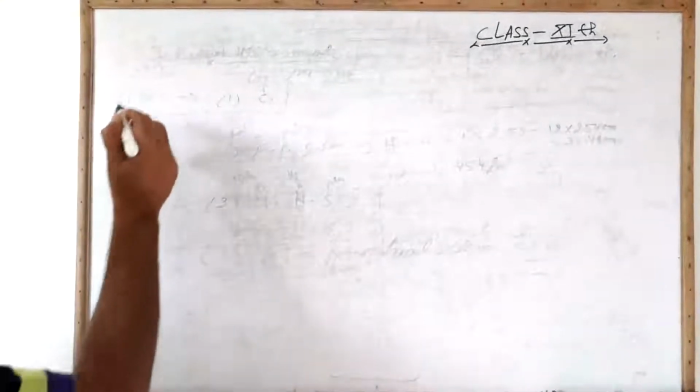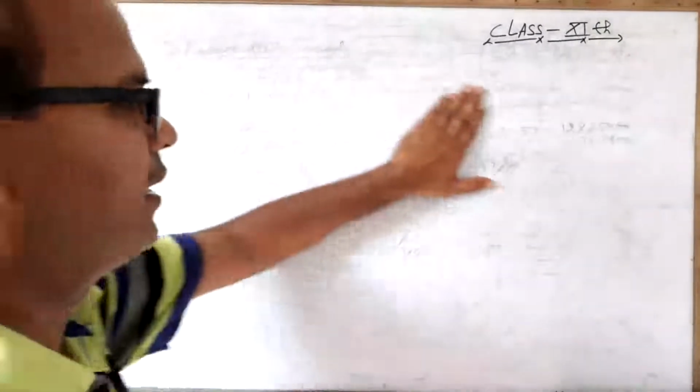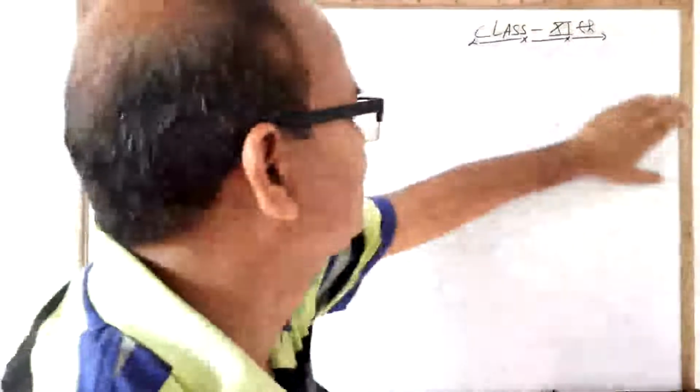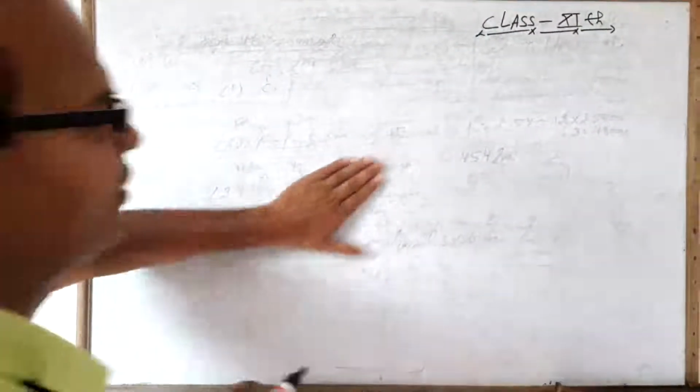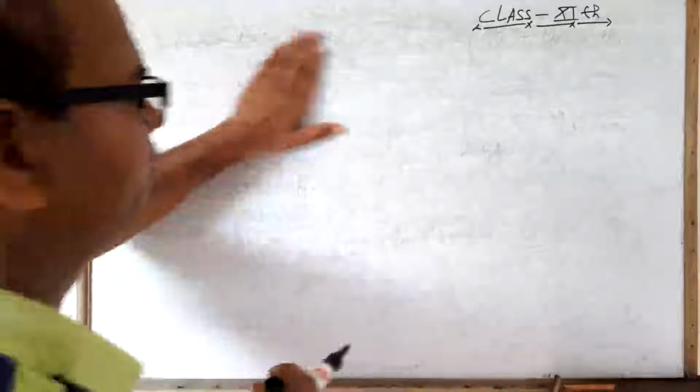So the first point is the dimension, and how to write the dimensional formula of a given physical quantity. Suppose you are given various types of formulas, and I write the dimensional formula.